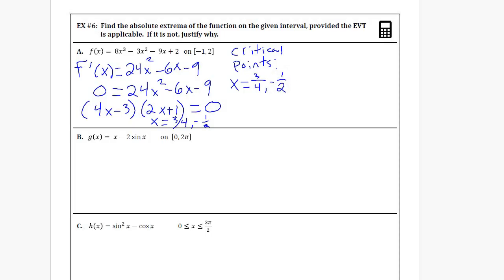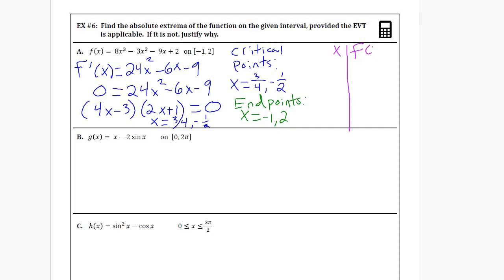But remember that our absolute extrema can happen not only at critical points, but also at endpoints. So we also need to think that we have endpoints at -1 and 2. So from there, we're just going to make a table of values.